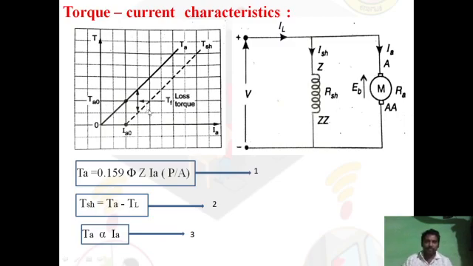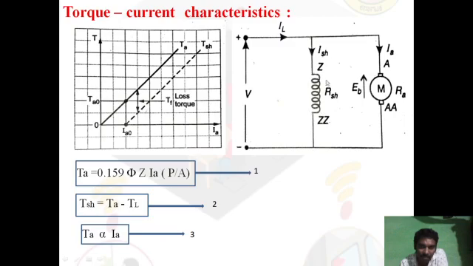So let us observe equation 1. The torque developed at the armature, we know how the torque is developed, how the armature is rotated, how the mechanical energy is produced. The gross torque, or armature torque, is given by 0.1595 phi Z Ia into P by A. Phi is the flux produced by the field poles.